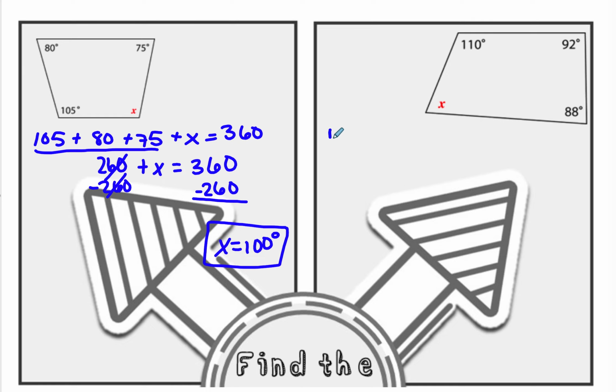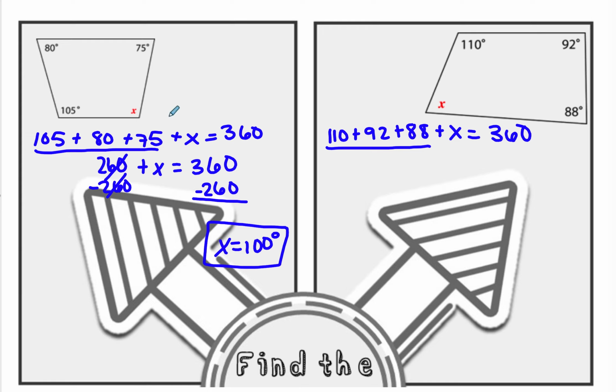I'm going to write out my equation. 110 plus 92 plus 88 plus x equals 360. My first step, I'm going to combine my like terms that are on the same side of the equation. So for this one, it's going to be 110 plus 92 plus 88.